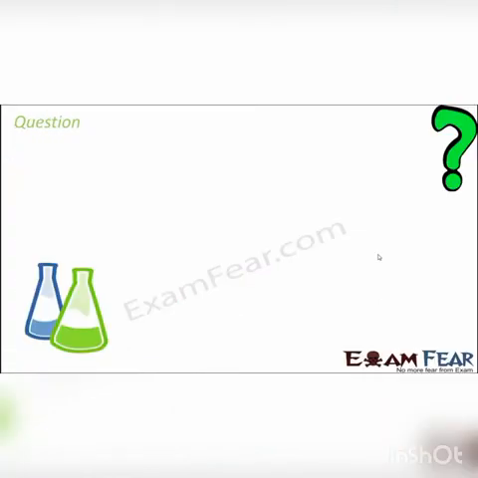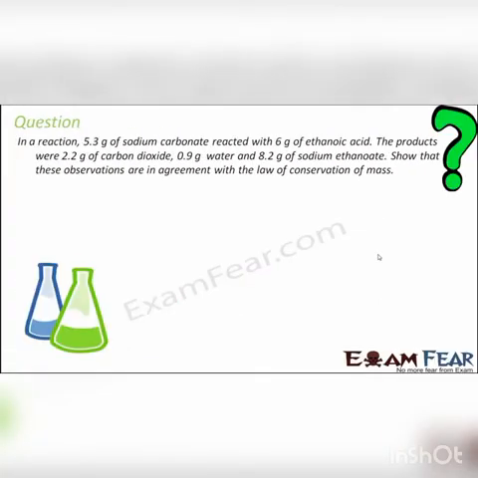So let's take some questions now to understand these concepts better. In the reaction, 5.3 gram of sodium carbonate, Na2CO3, reacts with 6 gram of ethanoic acid. Ethanoic acid is CH3COOH. You will study about these in higher classes.